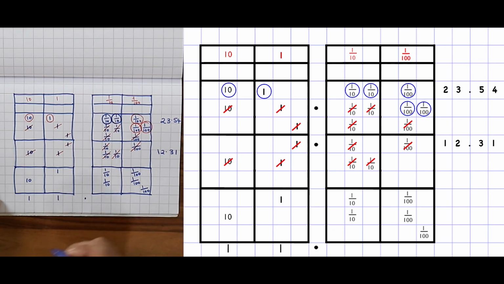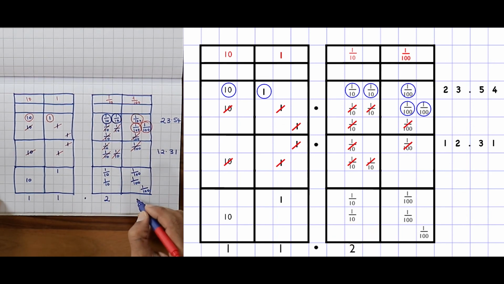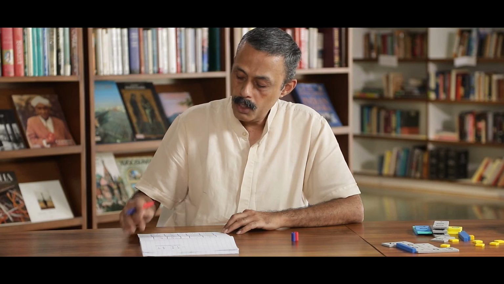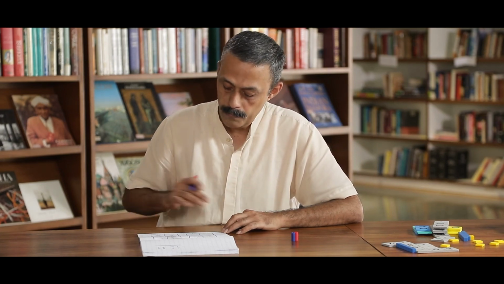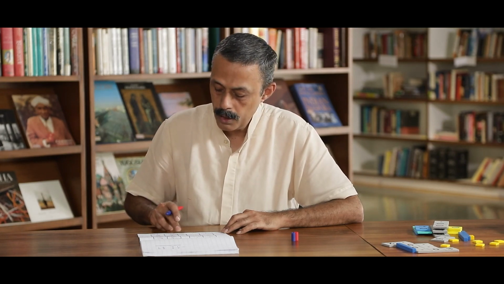Point is here. We have 2 1/10s. And in 100s, we have 3 here. So, if you remove 12.31 from 23.54, the difference is 11.23.